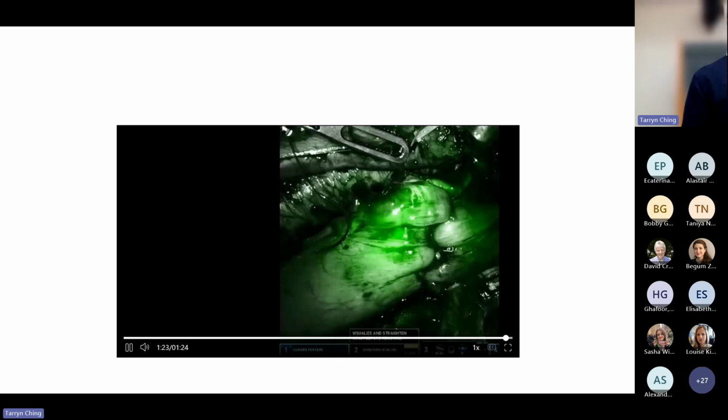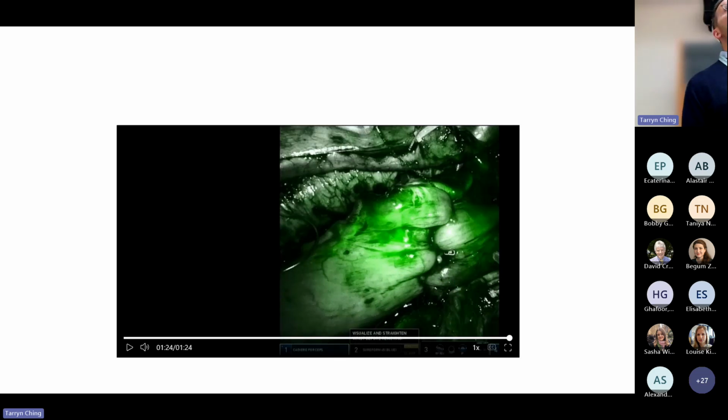There are vessels in the greater curvature omentum that fill up with blood. So one can say, okay, I'm reasonably happy with the perfusion of these. I couldn't have done anything different, and I'm happy with that.